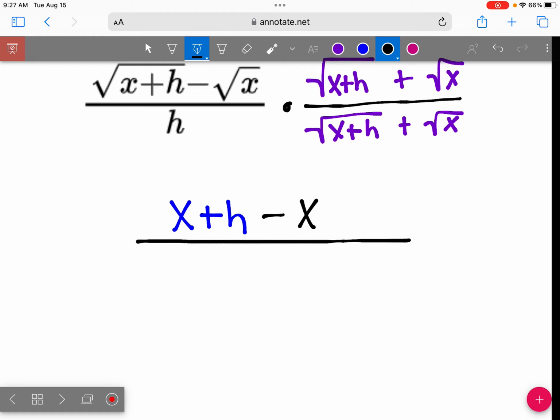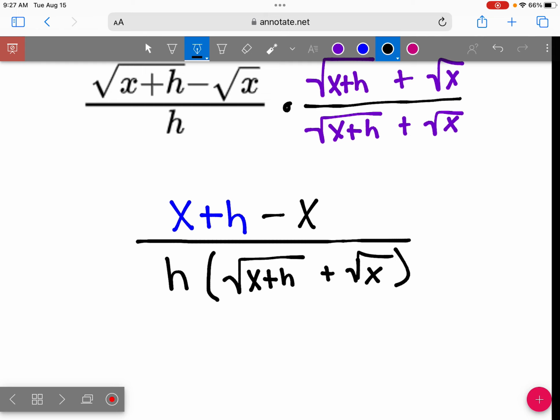Over, our denominator becomes h times hot mess, square root of x plus h plus square root of x, like that. That's the hard part on this one.